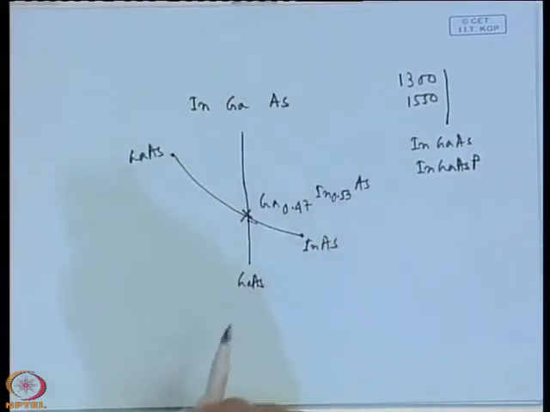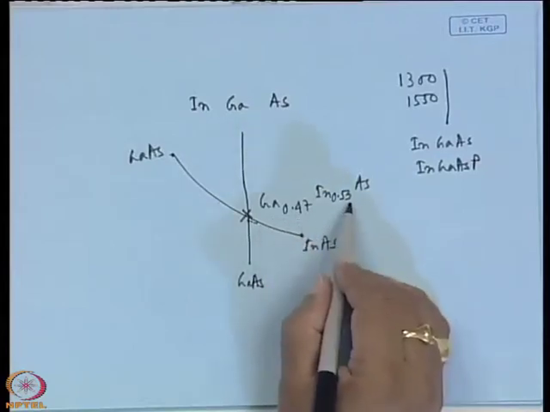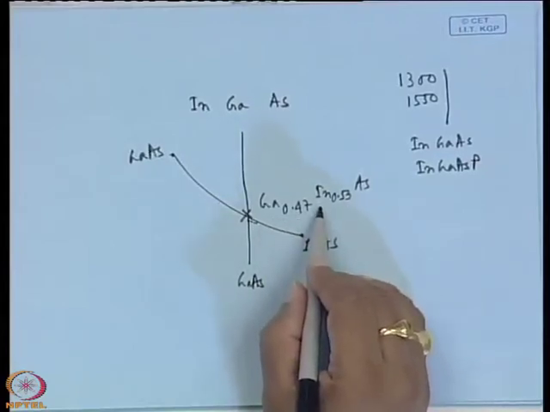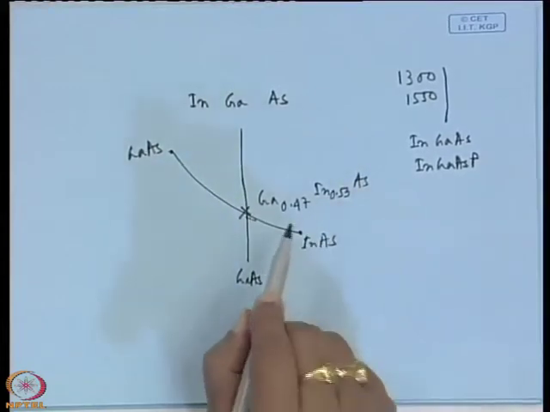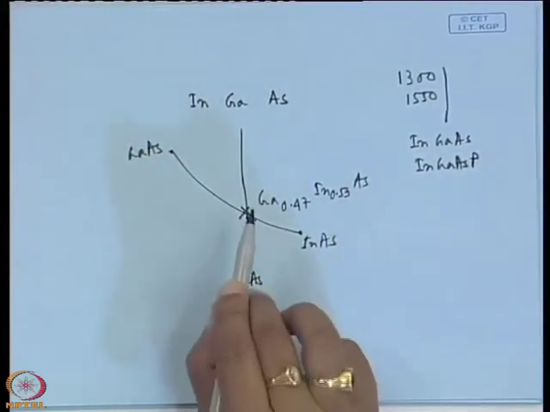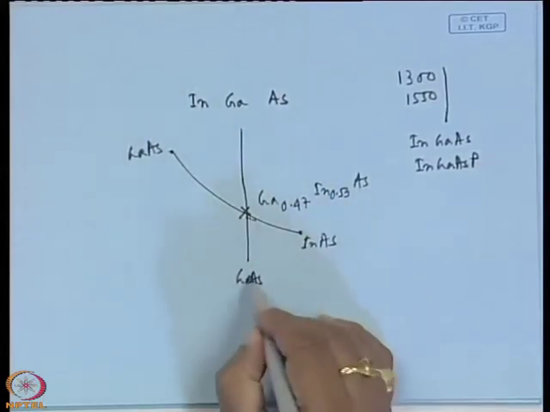That means, only 47% gallium and 53% indium with arsenic, if you grow, its lattice constant will be the same as that of, sorry, indium phosphide.